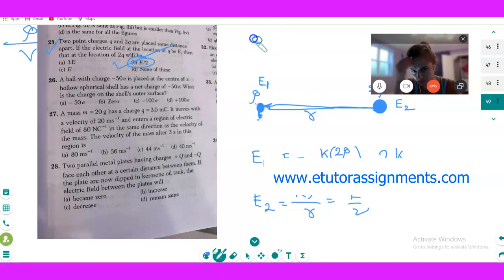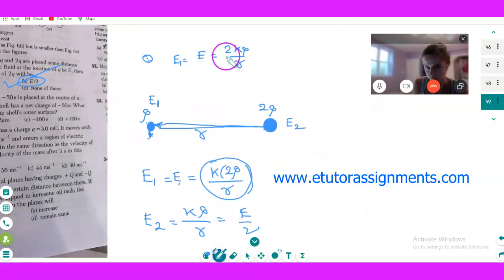Suppose the charge is here, the point is also here. So the distance is 0. So for this distance, what is the electric field? E1 is equal to E, equal to this electric field K 2Q by R plus the electric field at E1 due to charge Q1.